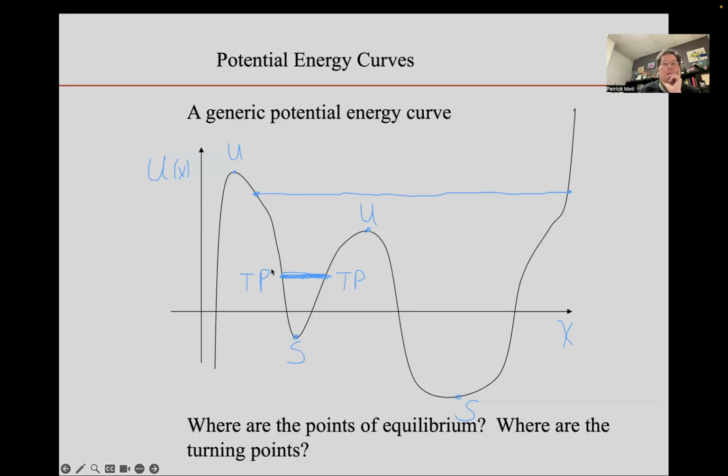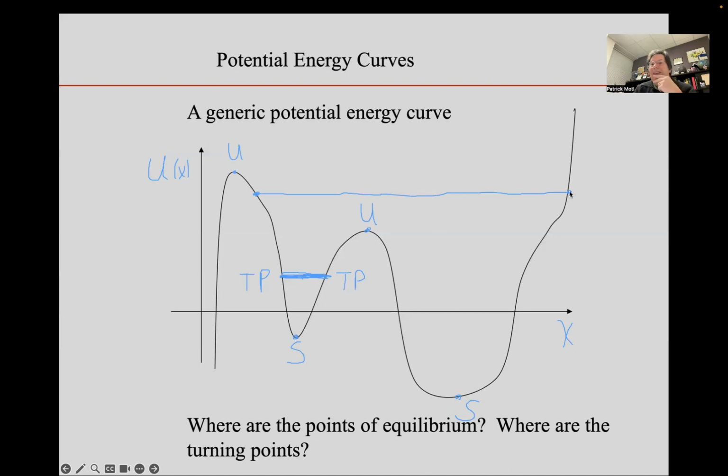Right? So points of stable equilibrium are where the potential has a zero in its slope and a positive second derivative. Points of unstable equilibrium are points where you have zero for the slope, but it's negative for the second derivative, concave down.